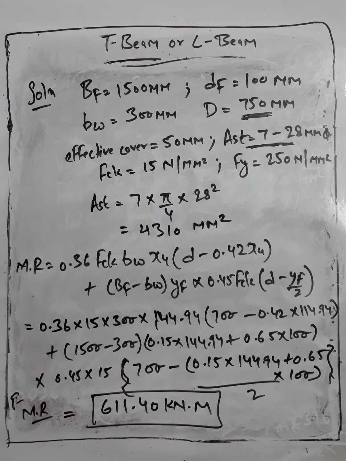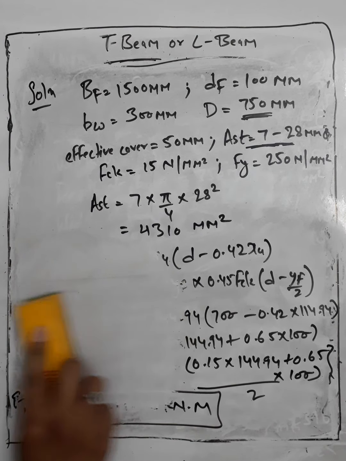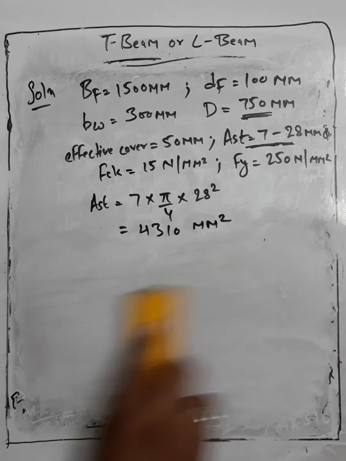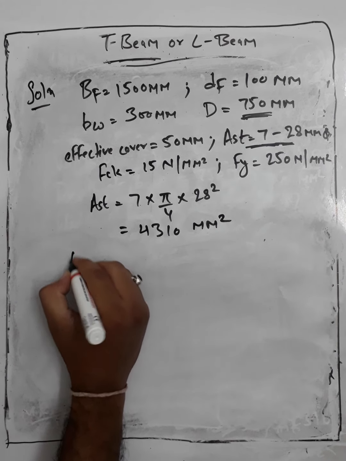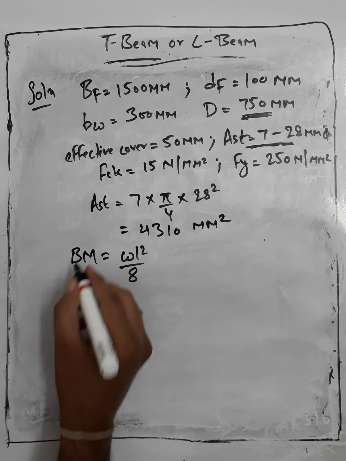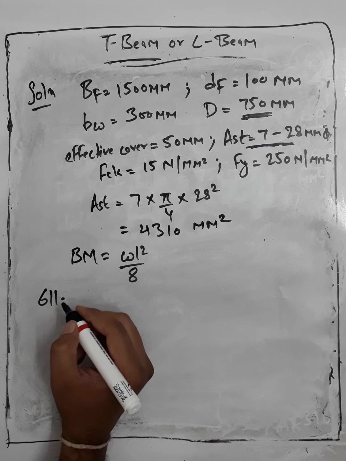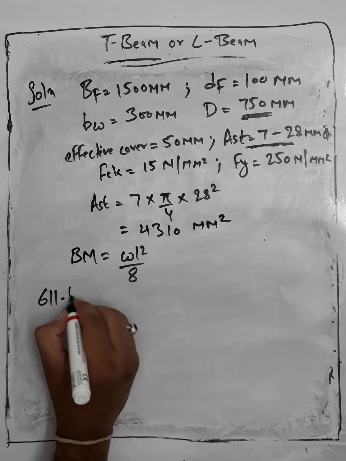So how we find the load? Let's see. Here 611.40 kilonewton meter is our value. Now we have to find the load. So we know that for UDL case, bending moment is equal to WL square by 8, and here the bending moment value is 611.40.